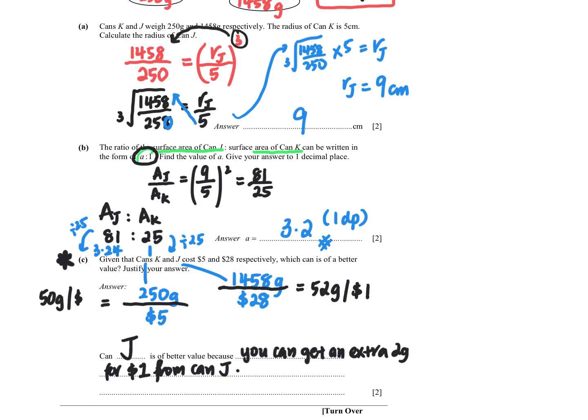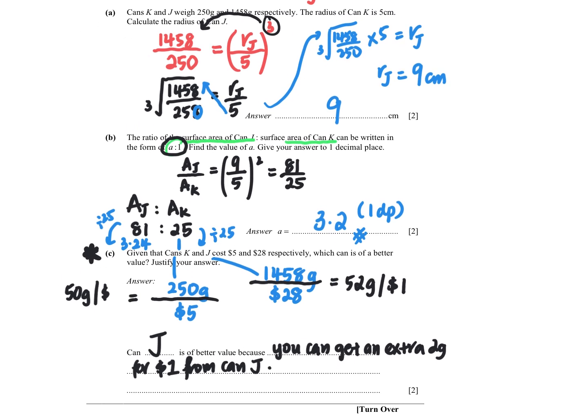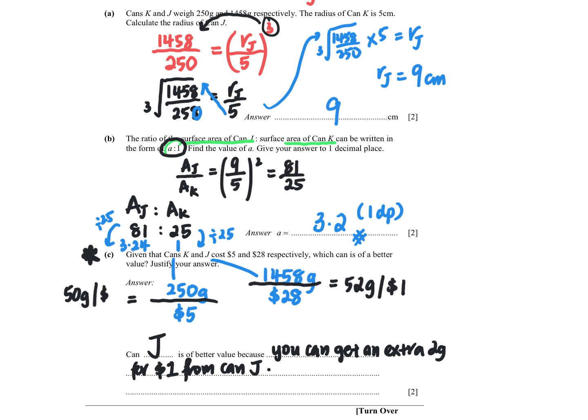Yeah, only one more, right? Yeah. 50 grams per dollar. Done?